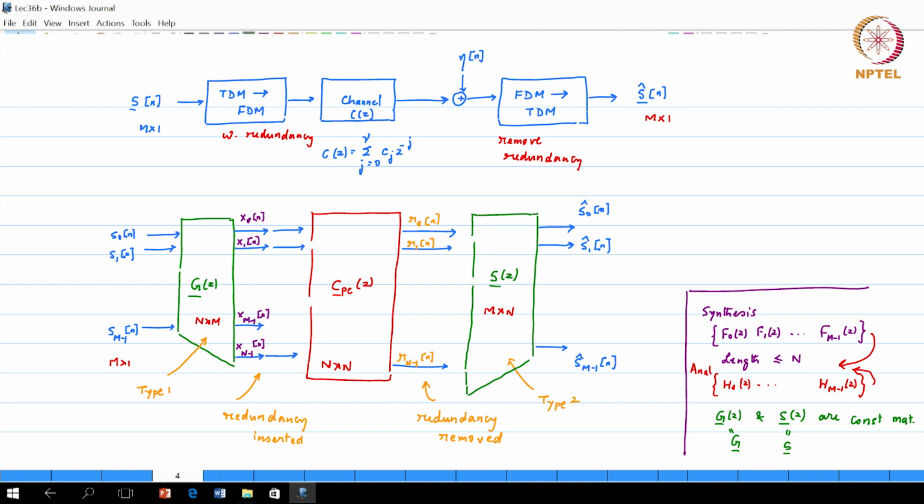There are no functions of z, because when you do the polyphase decomposition, each of them has got only one entry. So, therefore, you get constant matrices. Okay, so which means that you can represent it as G, this becomes G, this becomes S. Those are constant matrices, which will be helpful once we look at it in today's class, but I thought it is a good point to mention to keep in mind.